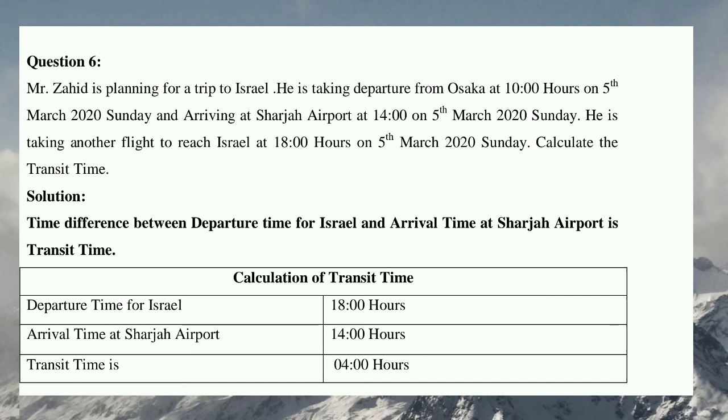In that case also, you just need to deduct 14 hours, the arrival time, from the departure time, that is 18 hours. Once you deduct the arrival time from the departure time, you will get the transit time. Like that, we have to calculate the transit time with the help of the departure time and the arrival time at the destination.